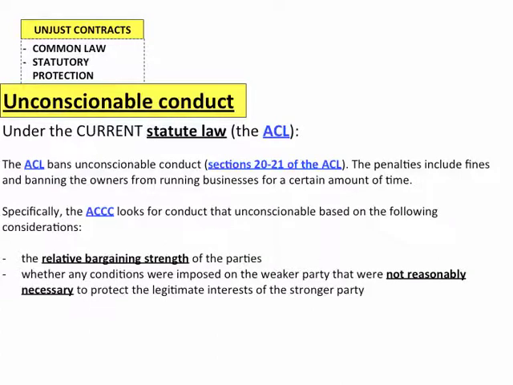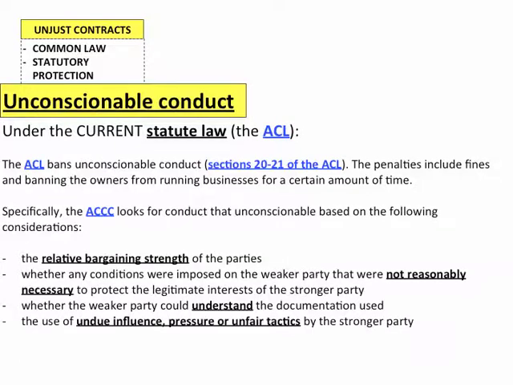Whether the weaker party could understand the documentation used. So a lot of cases of unconscionable conduct, believe it or not, involve people whose English is their second language or their third language, and so they struggle to understand this type of stuff. And it's wrong for a place like a bank or whatever to allow these people to enter into these contracts, and they generally don't do it anymore because they know that if it goes to court, you're going to be in trouble for it.